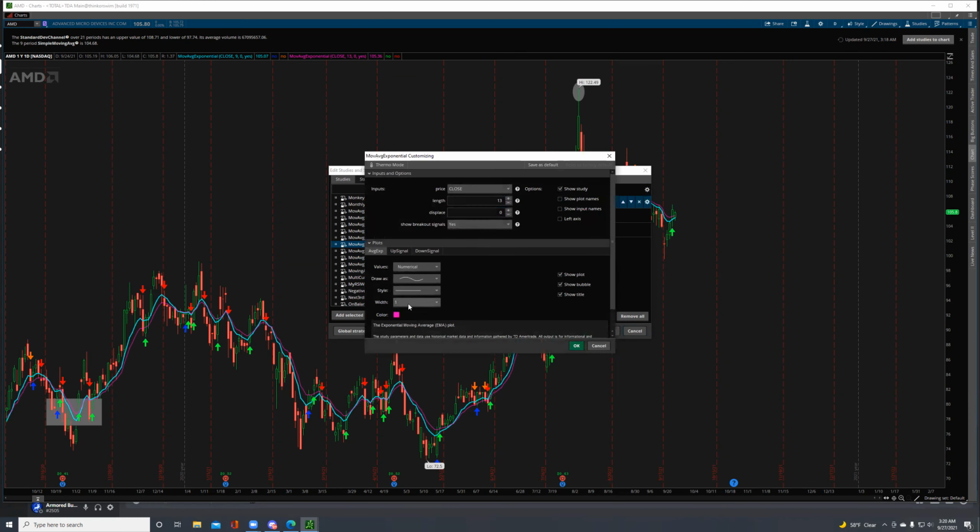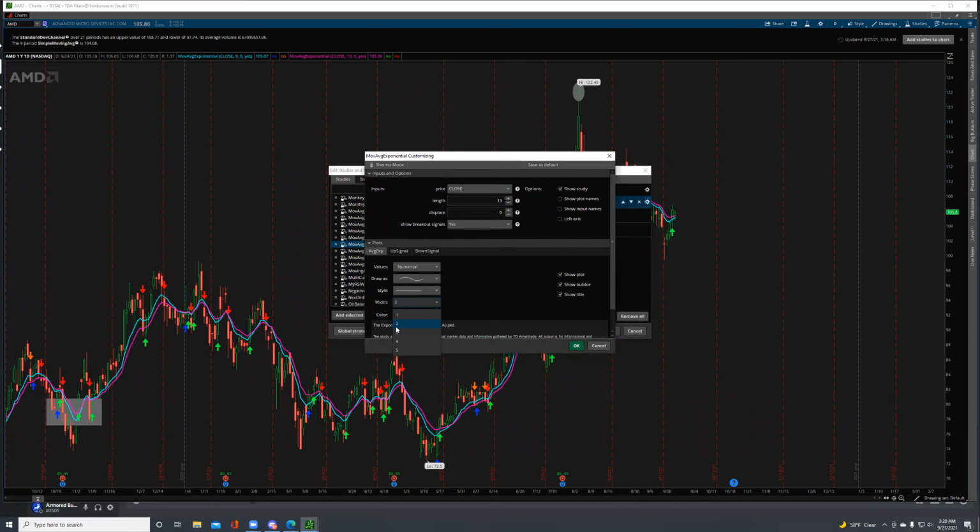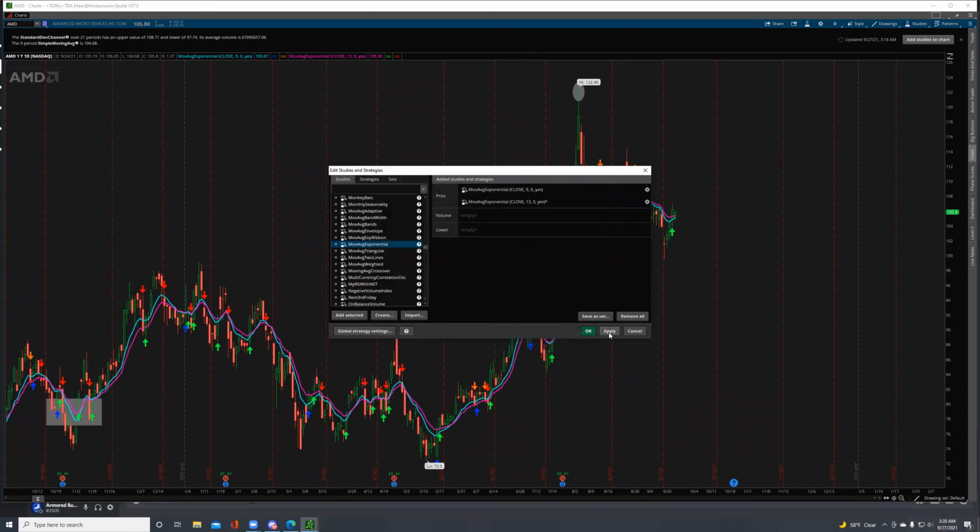Let's change the size on that one. Something I normally do is actually make these a little bigger, so you can actually tell the difference between the two. We're gonna pop this Bollinger Band back in here.